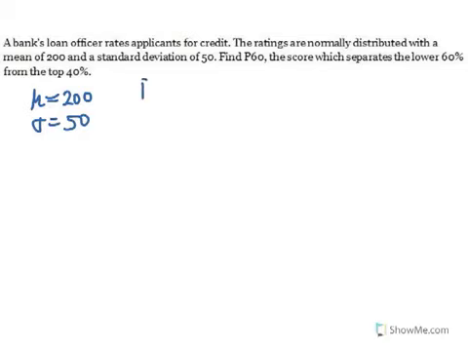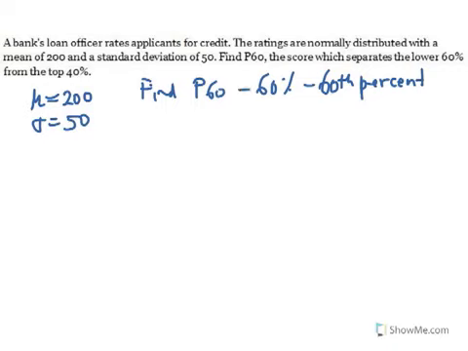So now we have to find P60, or the 60th percentile, or 60%. So all of these are the same. When we talk about finding P60 or the 60th percentile, we're talking about finding the score that separates the lower 60% from the top 40%.